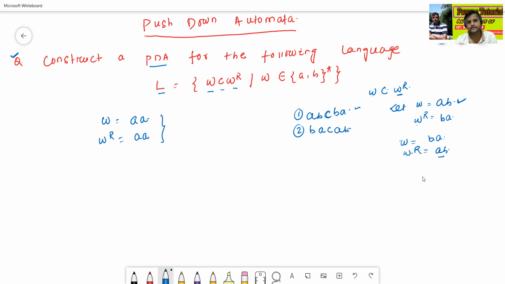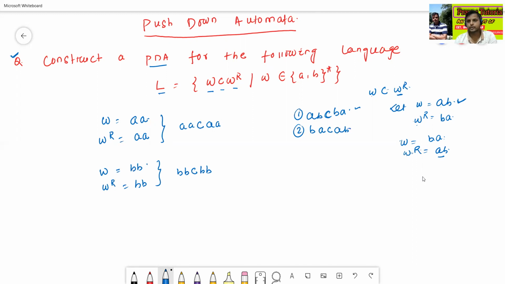So the string is AA C AA. If W equals, for example, BB and its reverse WR equals BB, the string will be generated like this: BB C BB. In this way we can generate the strings.